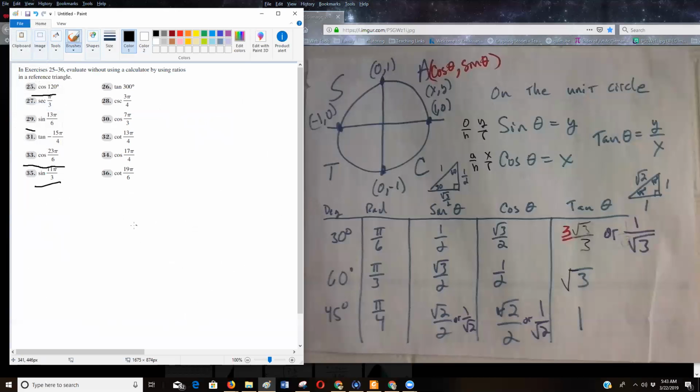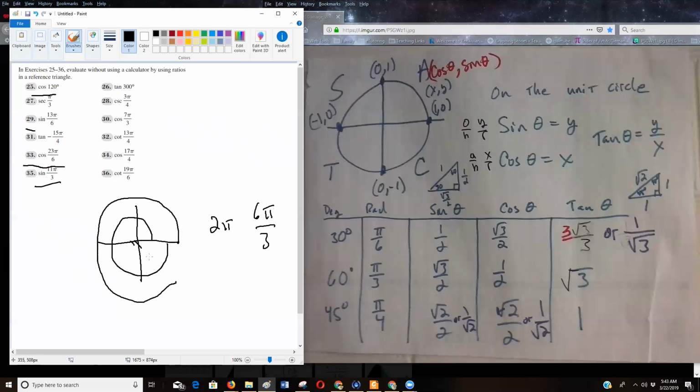Let's think about this. I know that's 2 pi. And if I want to rename 2 pi in terms of thirds, that's going to be 6 pi over 3. Well, 11 pi over 3 will be an additional 5 pi over 3 here.